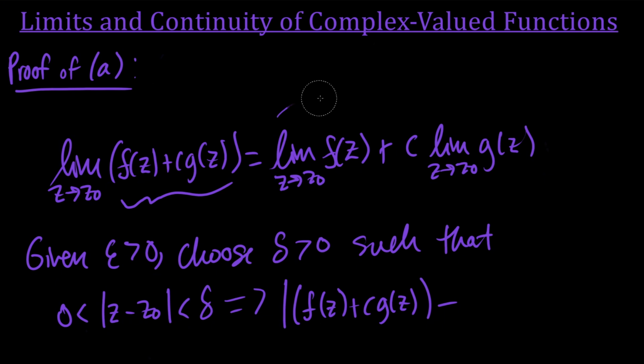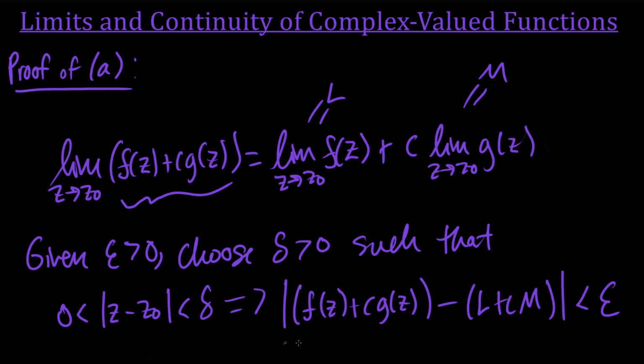To make things a little bit shorter, we'll define the limit of f of z to be L and the limit of g of z to be M. And so we want the modulus of f of z plus cg of z minus L plus cM to be less than epsilon. So this is ultimately what we're trying to show through our proof here. Okay, let's go ahead and actually do the proof now.